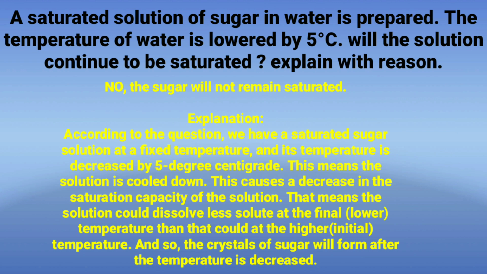This means the solution is cooled down. This causes a decrease in the saturation capacity of the solution. That means the solution can dissolve less solute at the final lower temperature than it could at the higher initial temperature. So the crystals of sugar will form after the temperature is decreased.